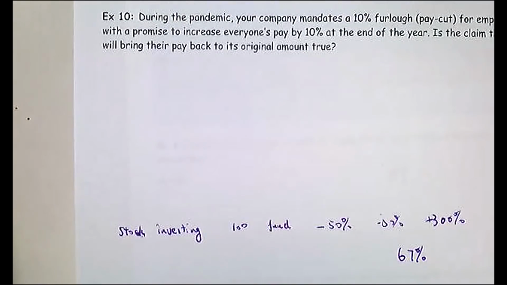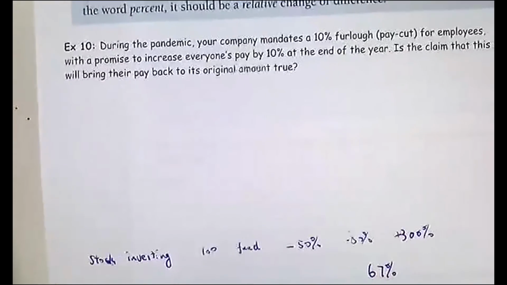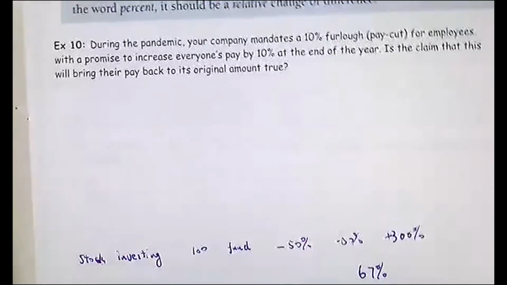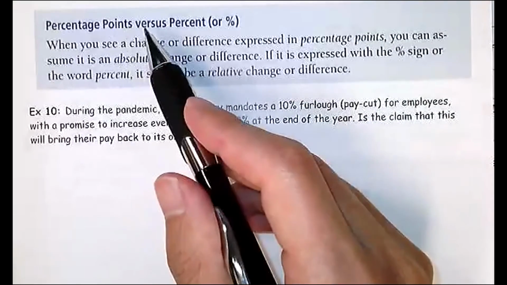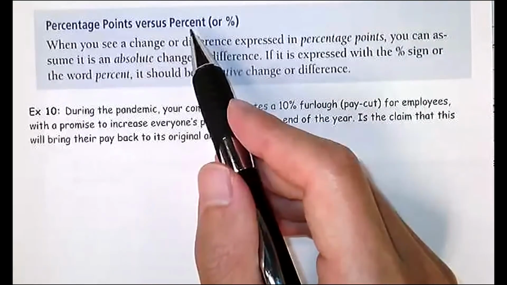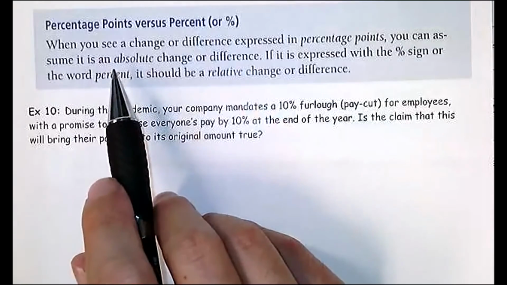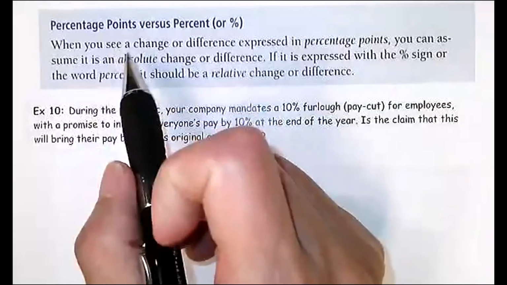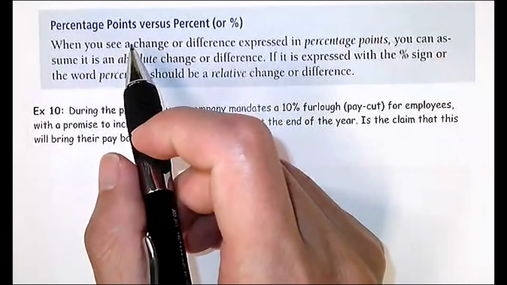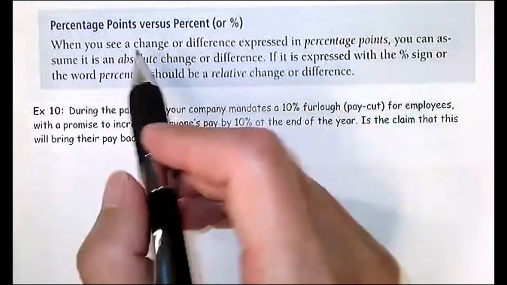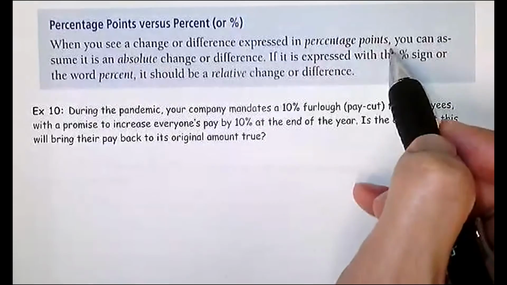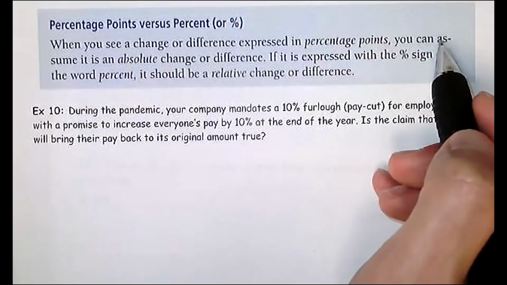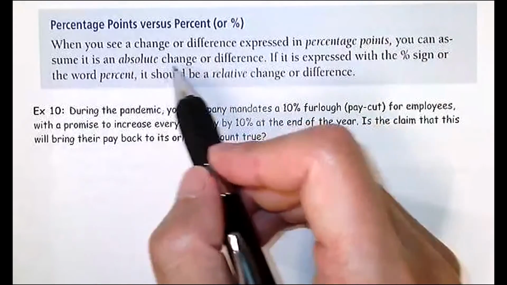So let's continue to our last example today. Percentage points versus percentage. Again, a very verbose statement. Let's see what percentage points are. When you see a change or difference expressed in percentage points, you can assume it's an absolute change or difference.